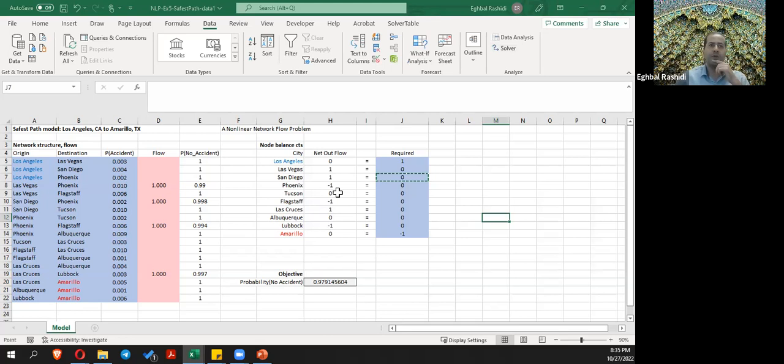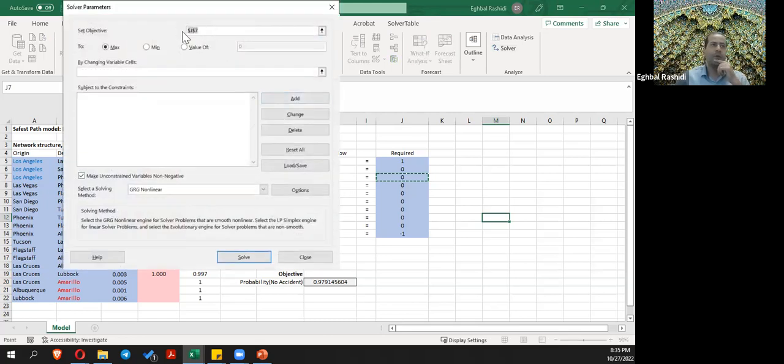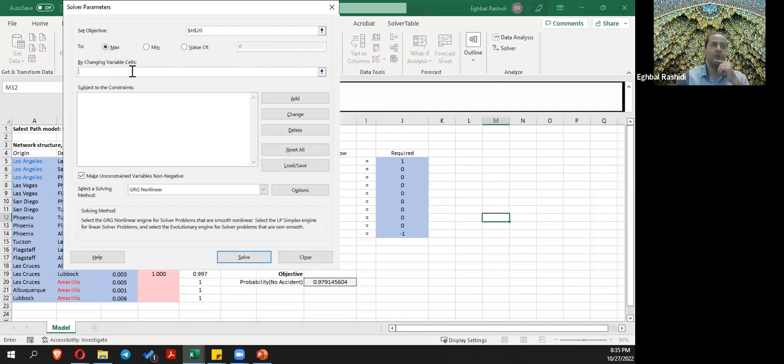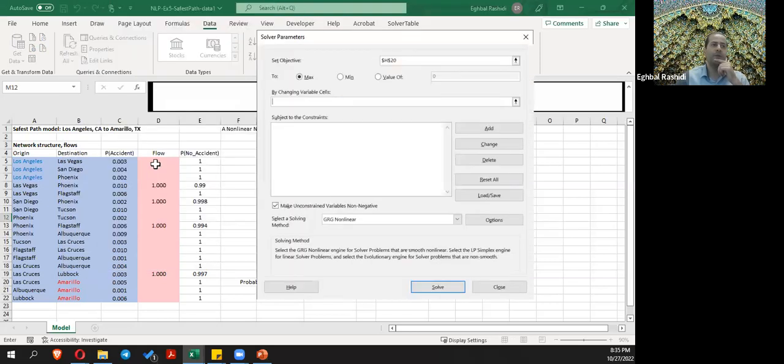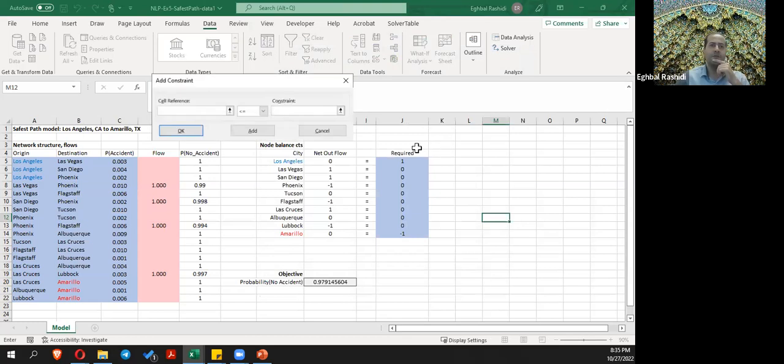I'm going to go to solver. I'm going to ask it to maximize this by changing the flow variable and adding the constraints.